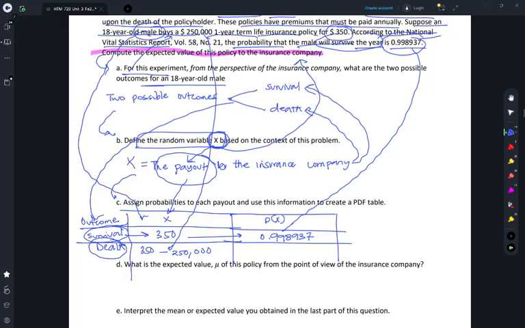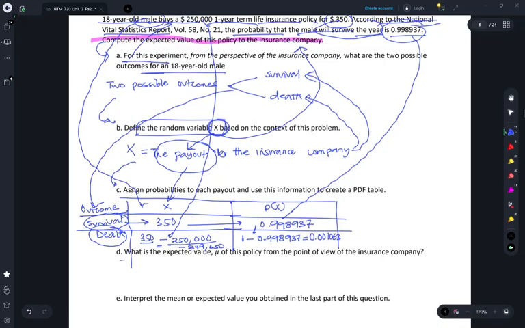Take note that 350 minus 250,000 is negative 249,650. And the remaining probability will be 1 minus the remainder of the probability, so you have 0.001063.